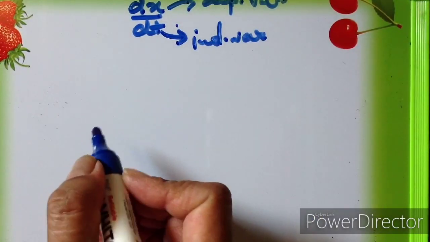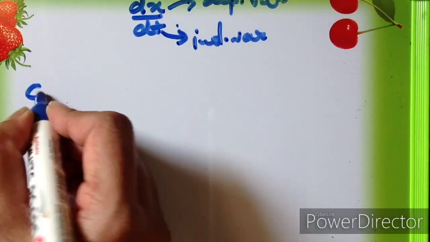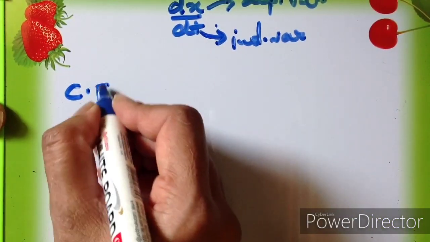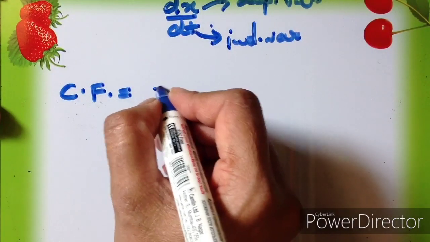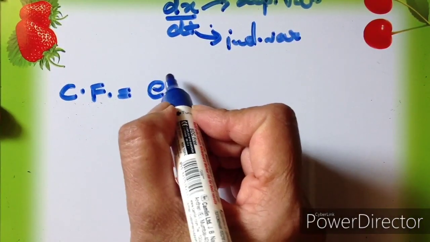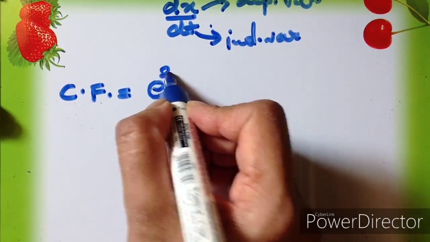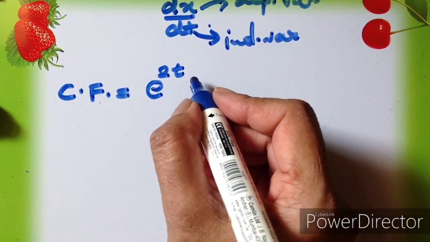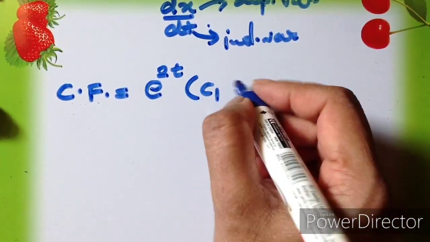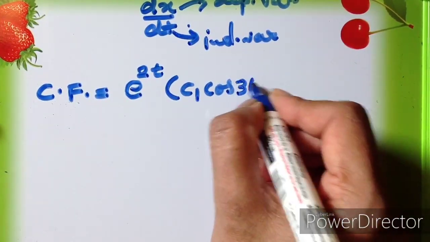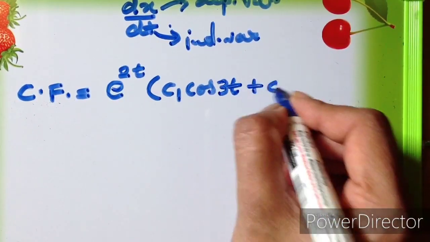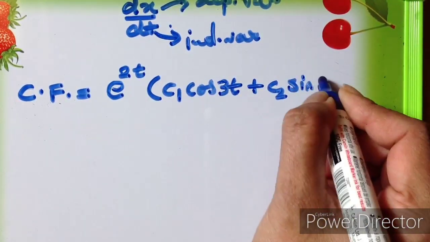Over here the CF will be given by, since roots are imaginary, we are using the formula for case 4: e^(2t) (c1 cos 3t + c2 sin 3t).